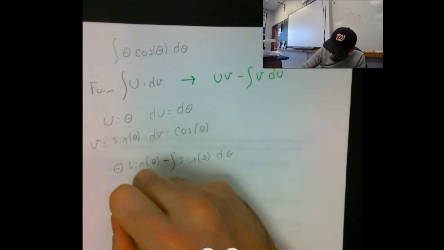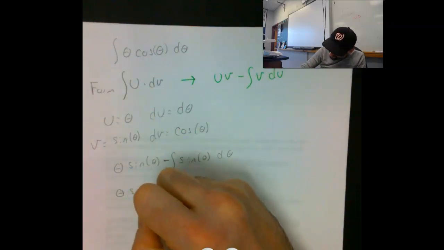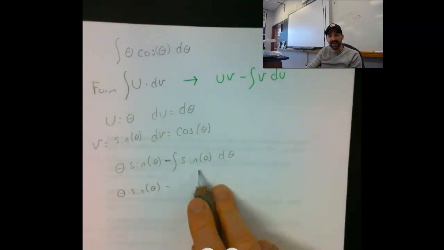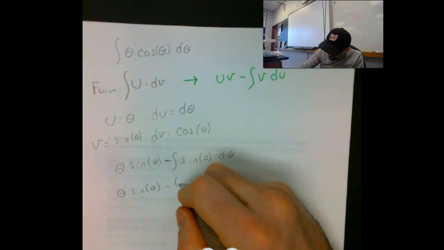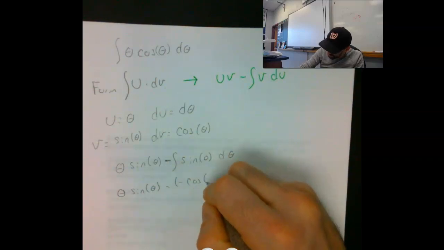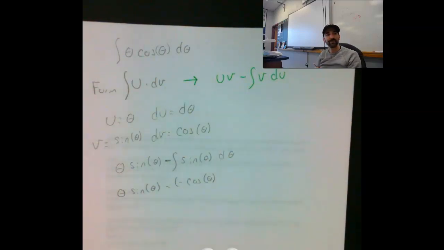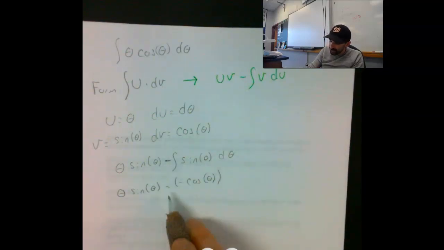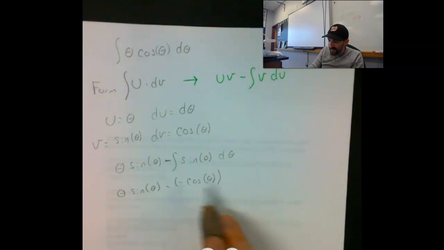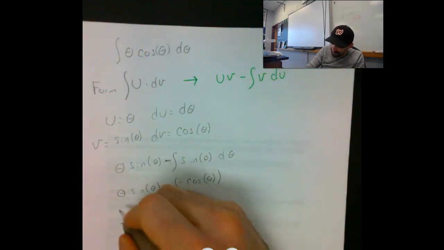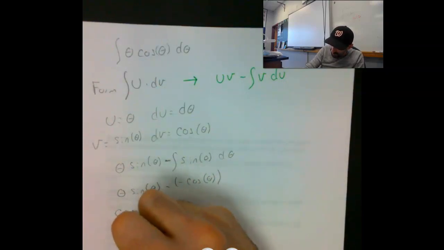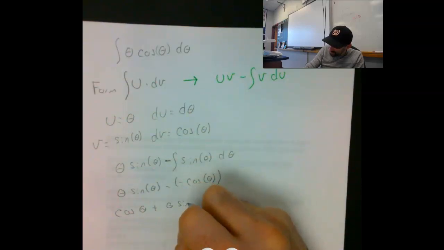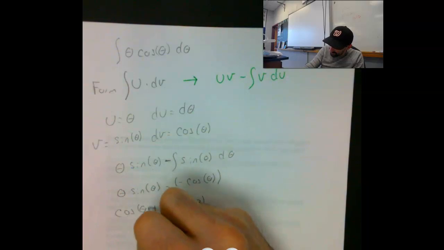Okay, so I'm left with theta sine theta minus the antiderivative of sine theta, which is negative cosine theta. Negative times negative is a positive. I'm going to flip those around, so I'm going to be left with cosine theta plus theta sine theta.